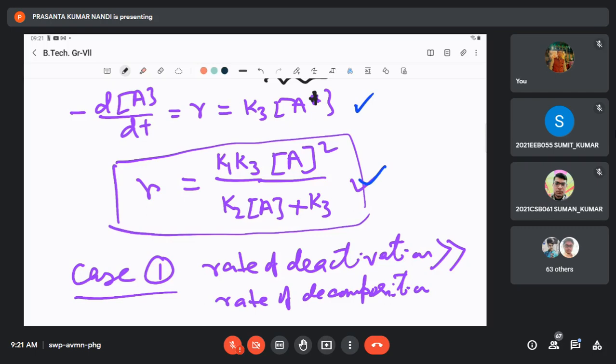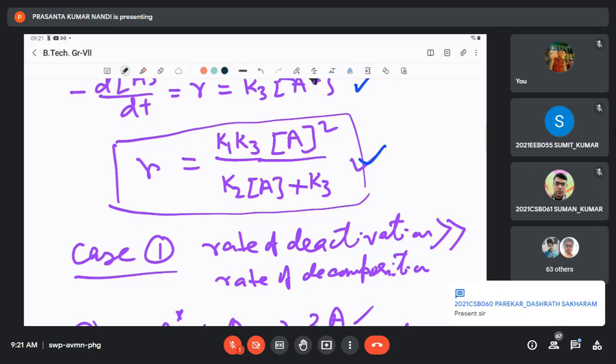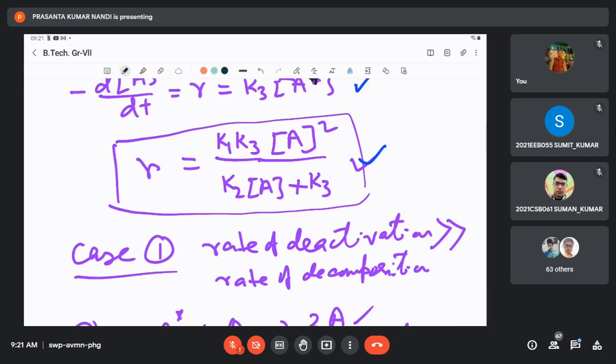Okay. Now we consider two cases. Since steps 2 and 3 are competing with each other, that is deactivation and decomposition, they are two competitive processes. Both processes consume the activated species.